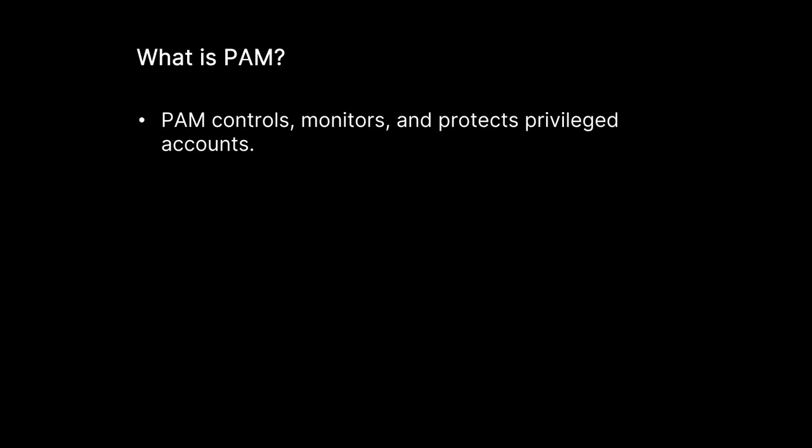Let's move forward. These accounts have the power to make important changes in servers, databases, applications or network devices. As I said in the last slide, PAM can control, monitor and protect the privileged accounts.